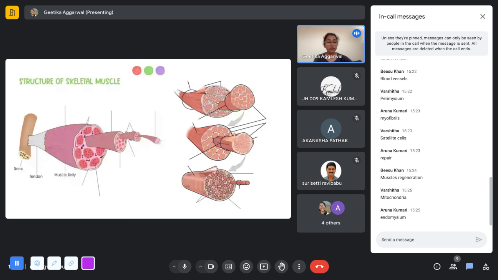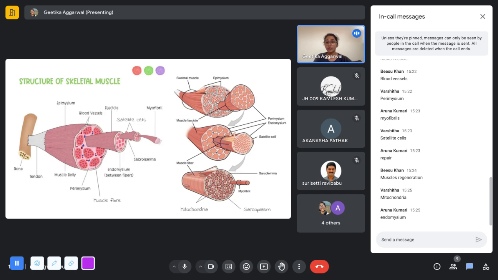And now I will give you these labelings. So here, basically, we have the epimysium, as you said, which is covering the muscle. Blood vessels, we discussed. Fascicle, we discussed. Satellite cells, yes. And then inside a muscle fiber is a myofibril. This is the sarcolemma. The covering of one muscle fiber is the sarcolemma.